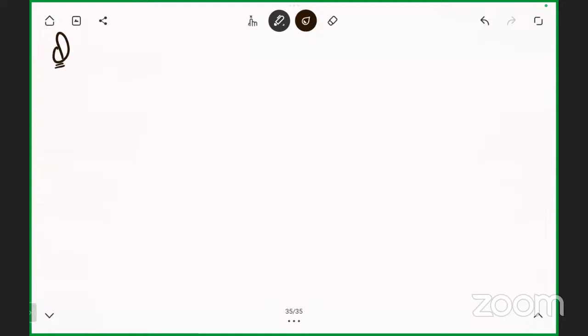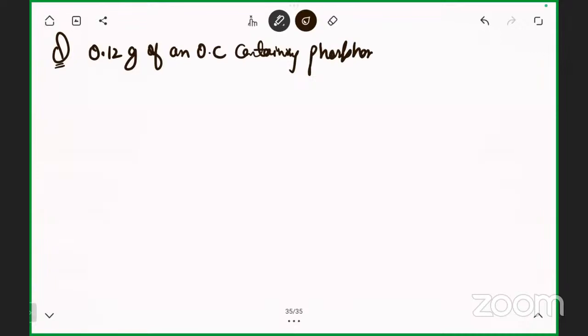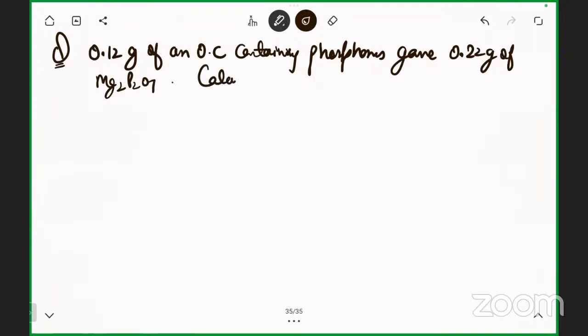Question. Question is 0.12 gram of an organic compound containing phosphorus gave 0.22 gram of Mg2P2O7. Okay.